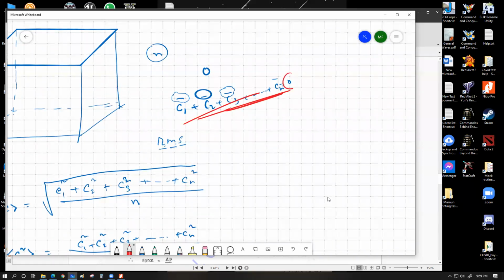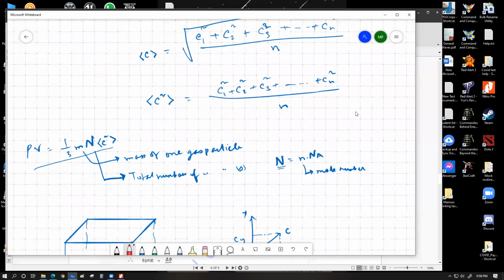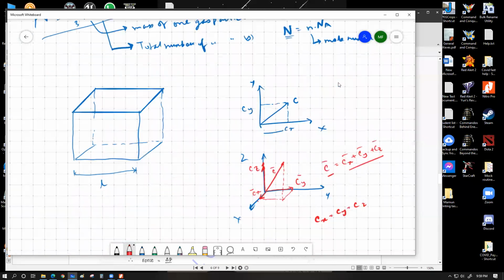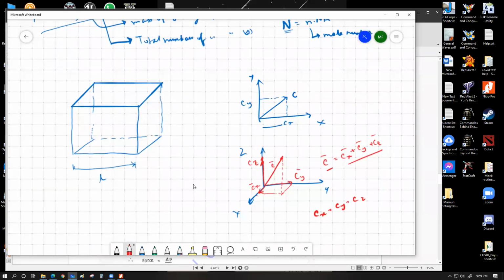And because the particles are practically stuck within, their individual components should be equal. Can you appreciate that? That they're not going anywhere. So all the particles should have the same amount of movement, because the length of the cubic box is the same in all directions.